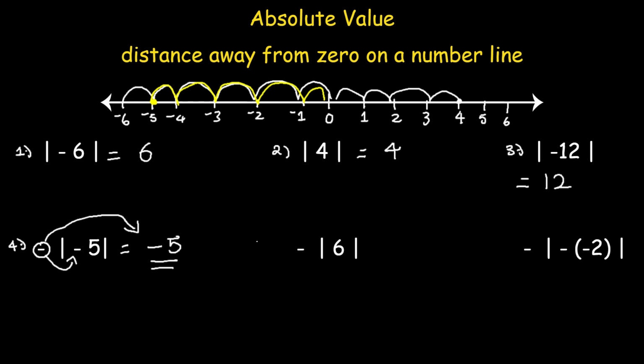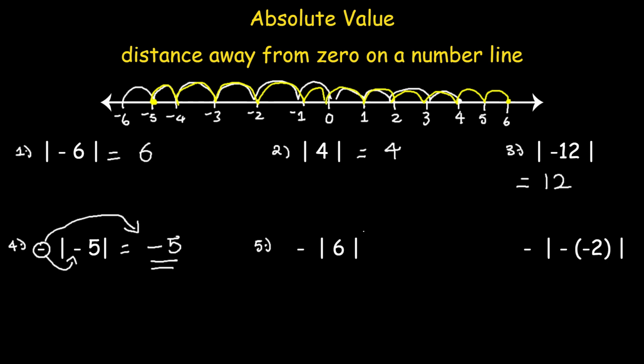What about problem number 5? What is the absolute value of 6? Well, using our number line, let's locate 6 and count towards 0. How many units is 6 away from 0? 1, 2, 3, 4, 5, 6.